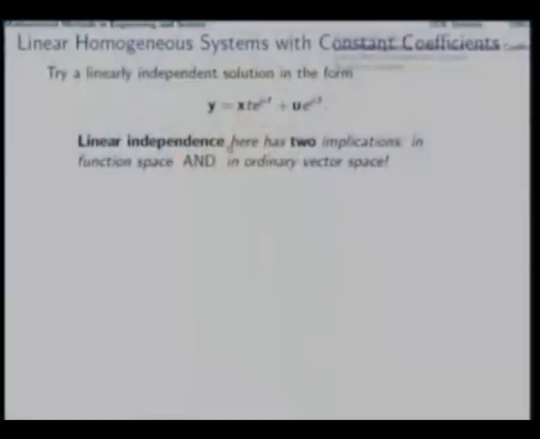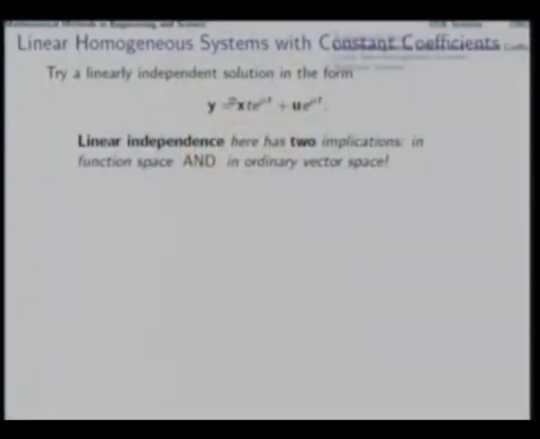So, linear independence here has two implications: in function space, which is handled with the insertion of this t, and in the ordinary vector space of x, which is catered to by the introduction of a different vector which is allowed to be linearly independent of x.